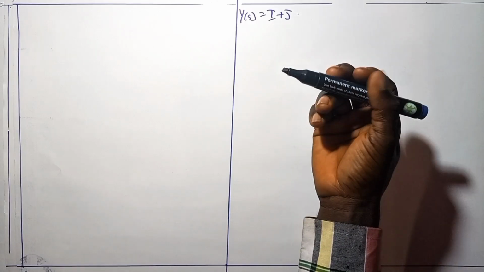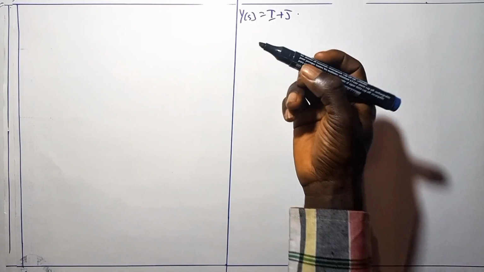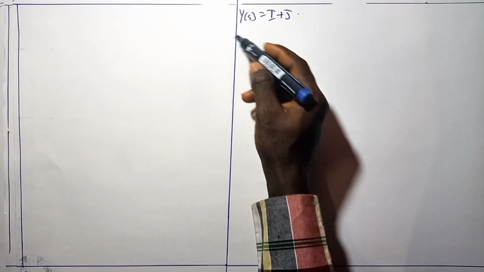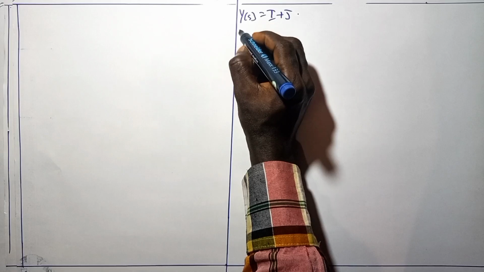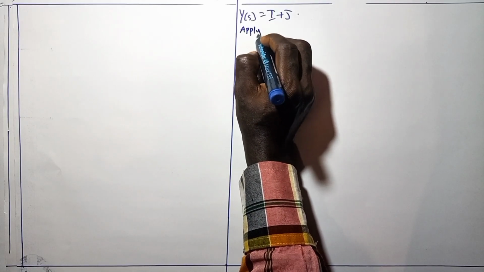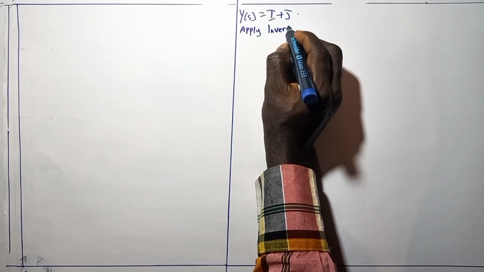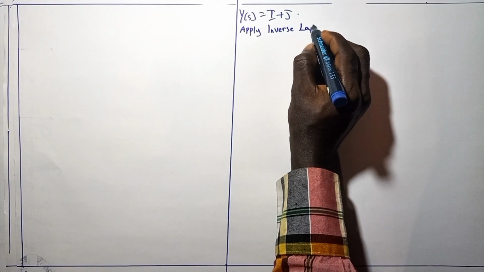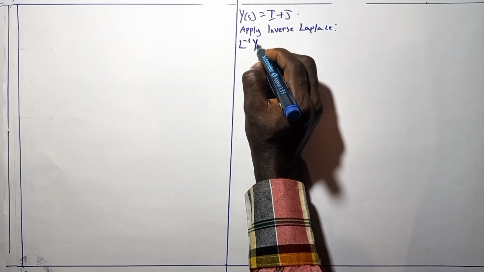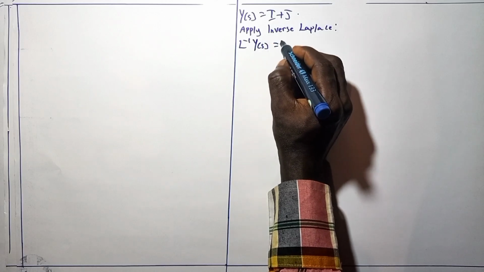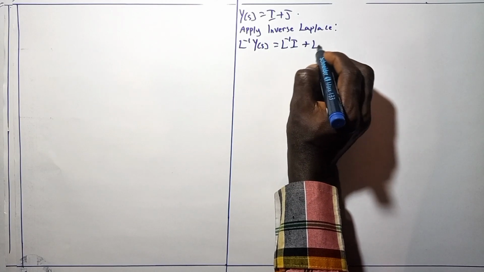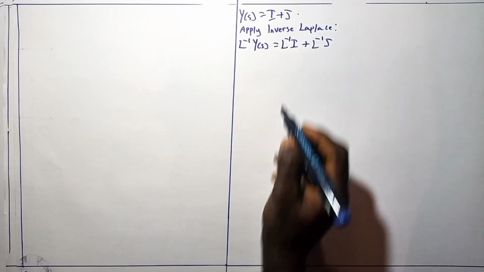So the last step we're going to be doing is to take the inverse Laplace. So we're going to be taking the inverse Laplace of this y of s. So inverse Laplace of y of s, inverse Laplace of I plus inverse Laplace of j.